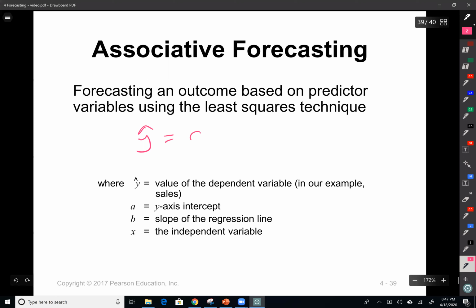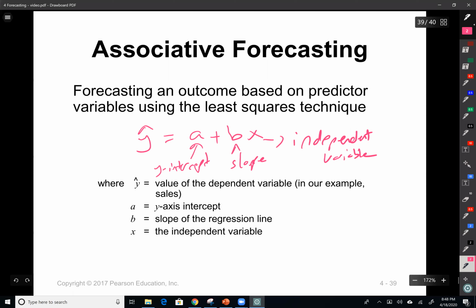Your forecast will be y-intercept plus bx. So this is your slope. And again, this is your y-intercept. And this is your independent variable.